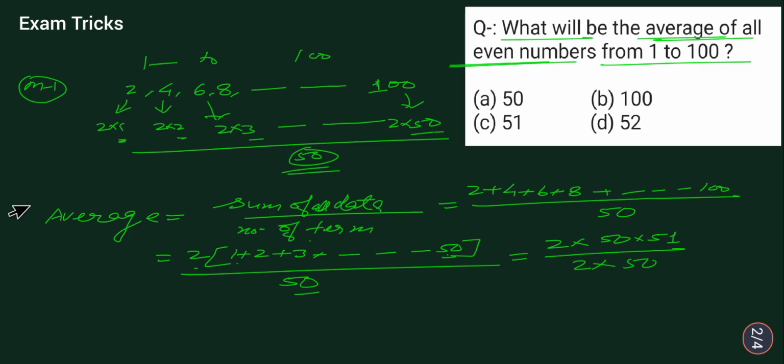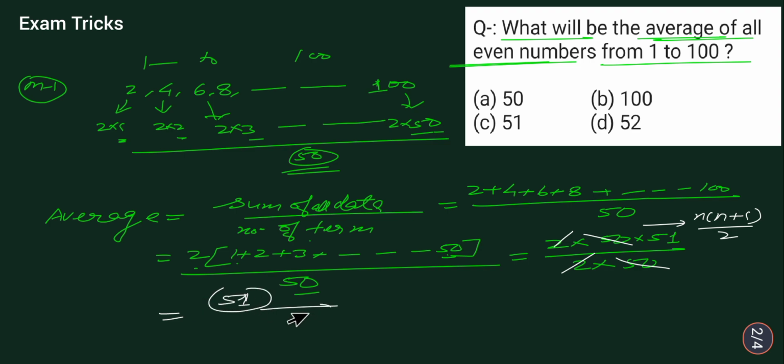So 2 and 2 cancel out, 50 and 50 cancel out, so the number is 51. So 51 is the answer, option C, right?